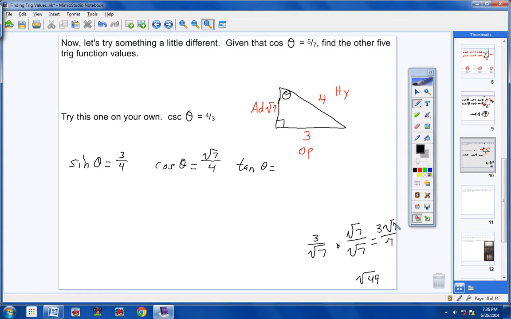Please do not reduce this inside number right here with this outside number right here, okay? So there we go. The tangent of theta is 3 square root of 7 over 7.